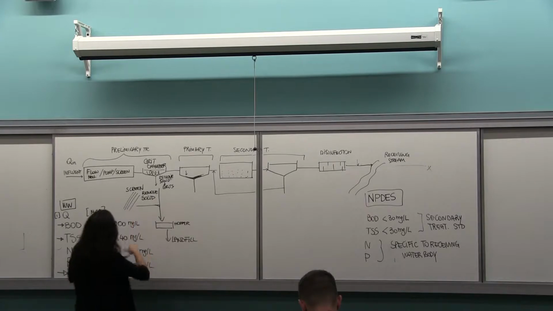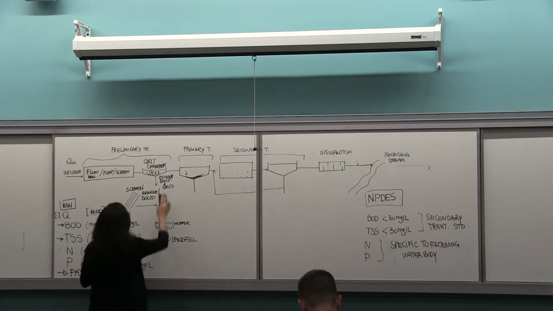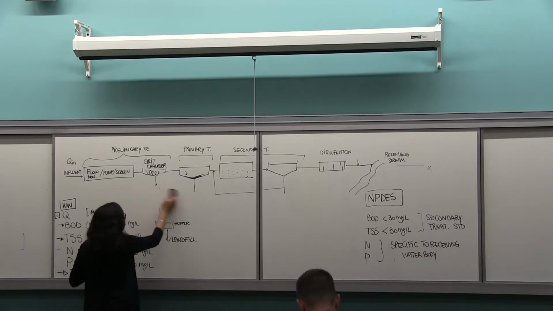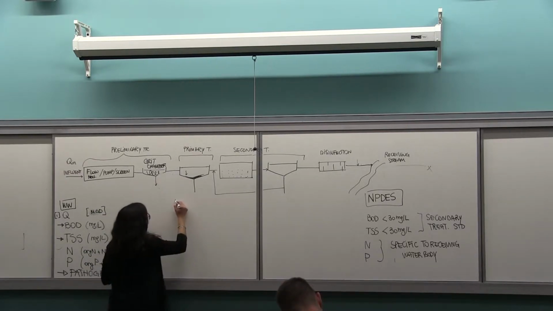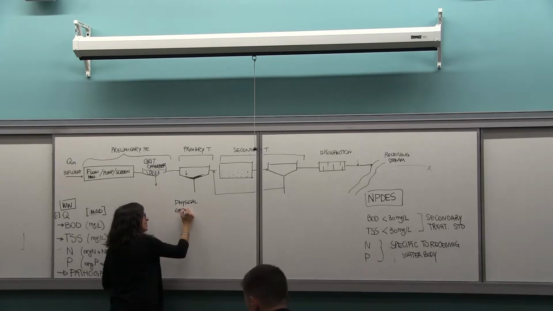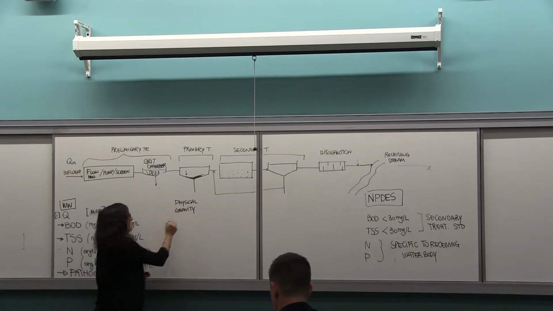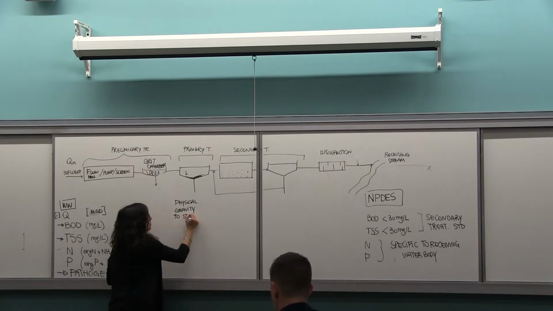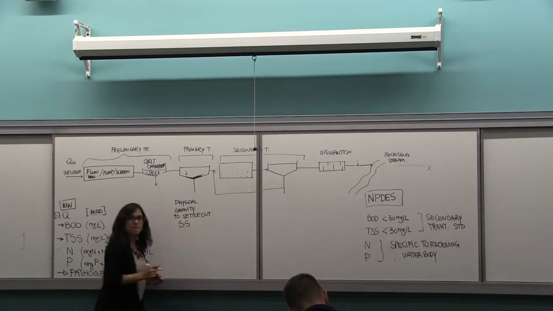Okay, I'm going to erase this part so that we have a little bit more space. So it's a physical process. It's gravity. You use gravity to settle out suspended solids.